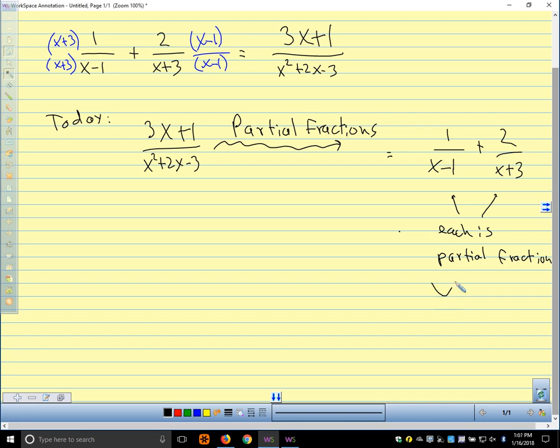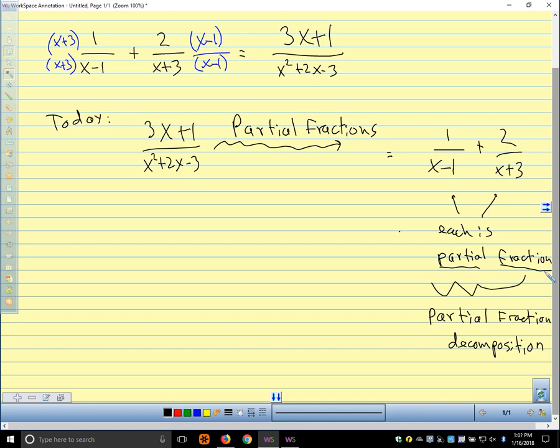These two things together is called the partial fraction decomposition. So 1 over x minus 1 plus 2 over x plus 3 is the partial fraction decomposition of that expression.